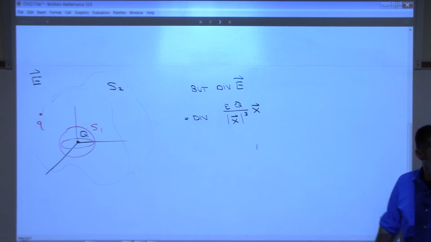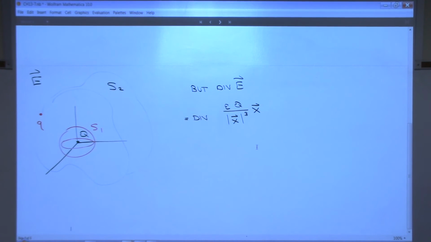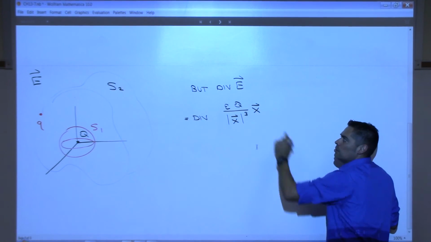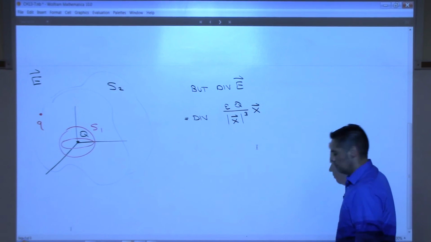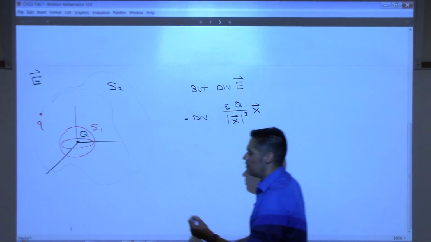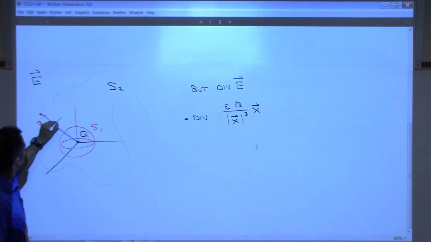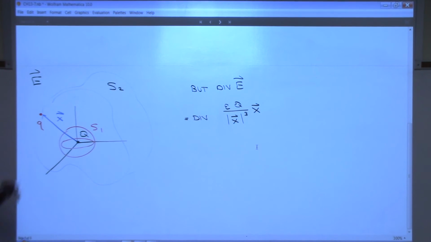That was it. But what is x? What is this x vector? Maybe we never stated that from the beginning. The x vector is the vector that goes from the origin to little q, which is just the point x, y, z, which is the vector x, y, z.